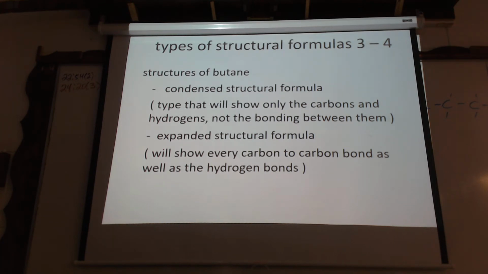Because to me, the author chooses to use these two terms, and a molecular formula to me is very much like the condensed structural formula, because it shows only the carbons and hydrogens, not the bonding between them. Okay, so I'll show you what that means in just a moment.